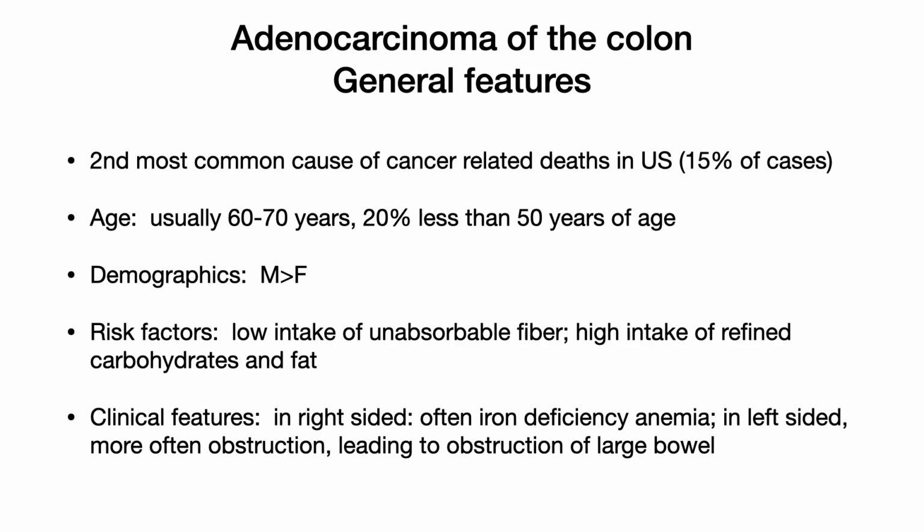Whereas when it comes around to the left side, it's becoming more solid, and it's easier for a tumor that's constricting the colon to become more obstructing. But obviously, a left-sided colon cancer could also present with iron deficiency anemia. So anytime you have iron deficiency anemia in an older person, especially male, it's very important to consider colon cancer.